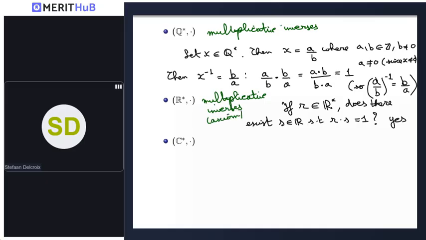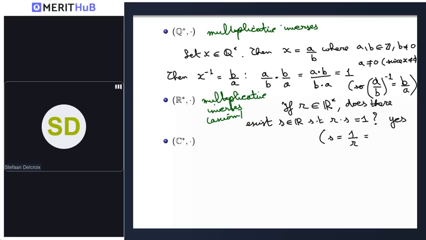Now, can you tell me what the inverse of r is? So what is this number s? We typically have two notations for this s. So what is s in terms of r? We write 1 over r, and you also write this in exponent form.